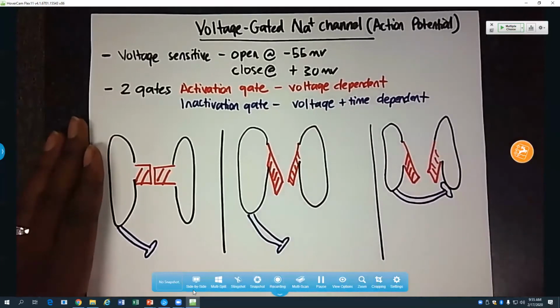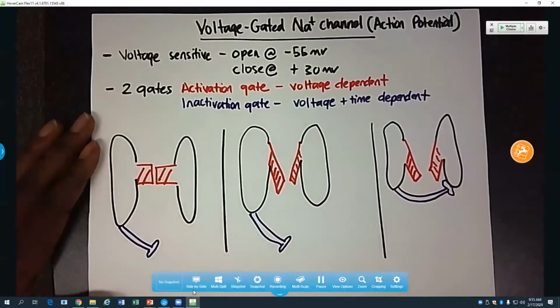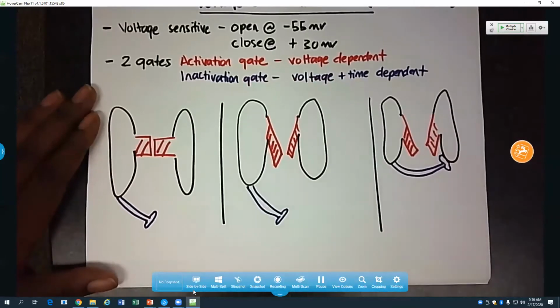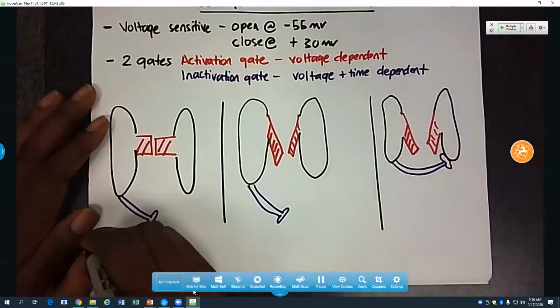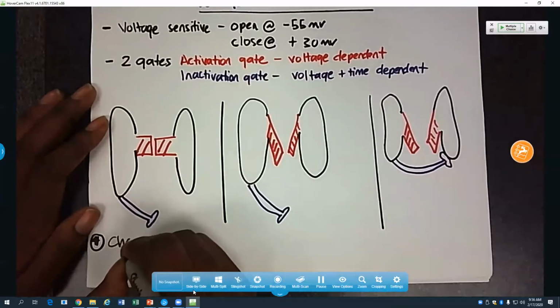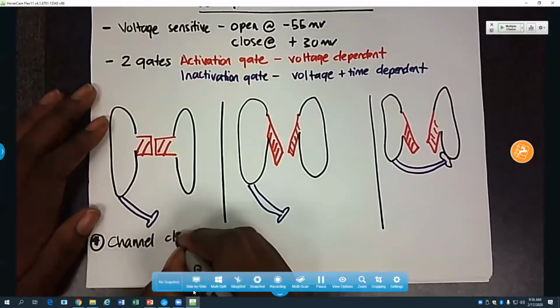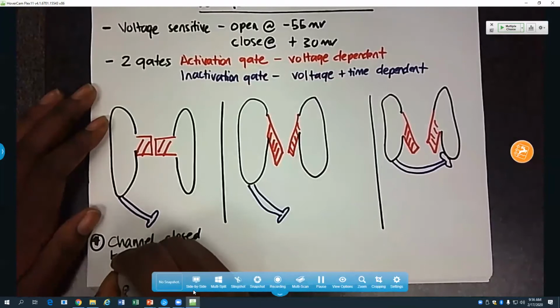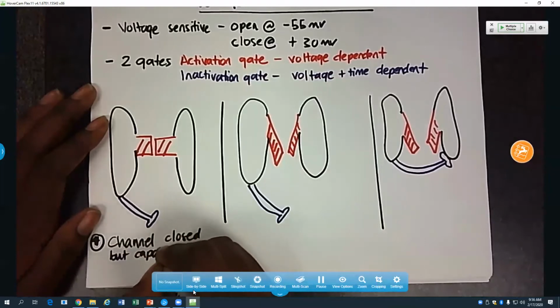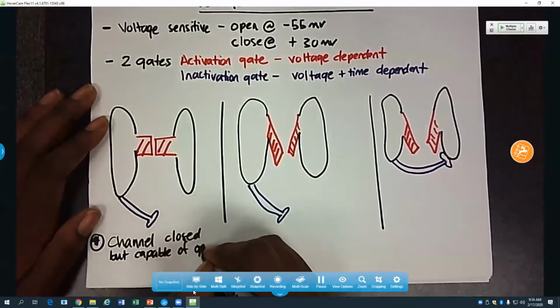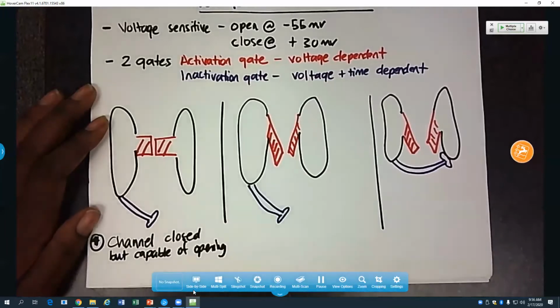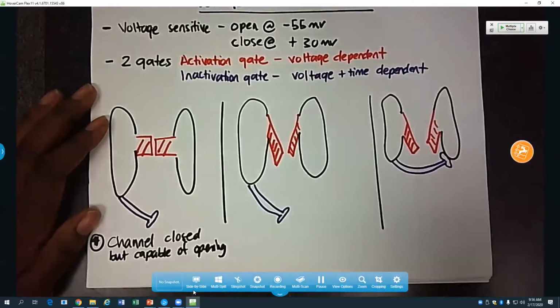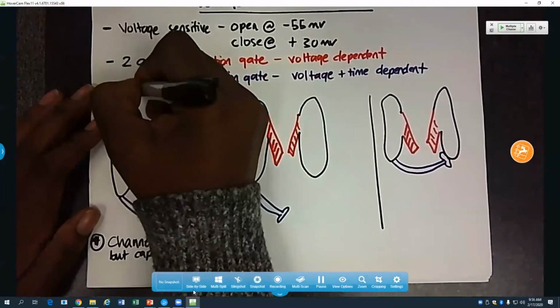Okay. So let's describe this here a little bit. So in this state, the channel is closed, but capable of opening. This is when the membrane potential is negative 70 or at rest.